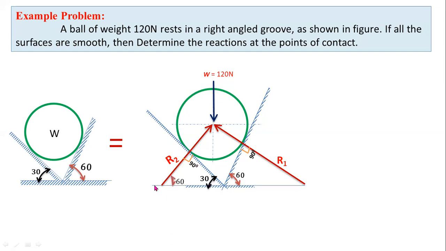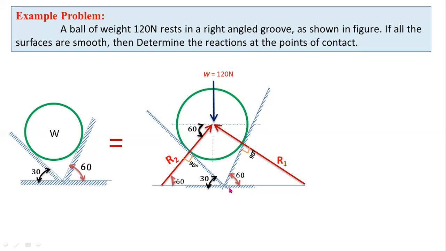The total angle is 180 degrees, and we already know the two corners, 30 degrees and 90 degrees. The remaining angle is 180 minus 90 minus 30 equals 60 degrees. So this is the horizontal support. Now this reaction force R2 makes an angle of 60 degrees with respect to the horizontal, as opposite corners are equal.